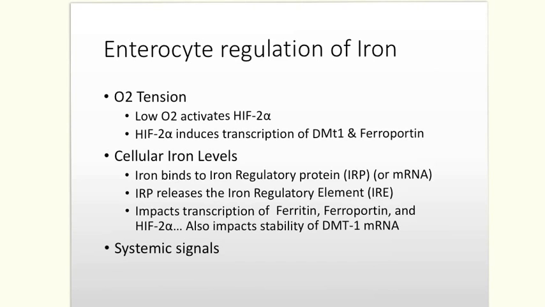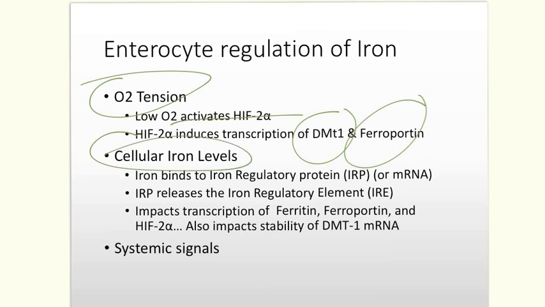The enterocyte regulation of iron is controlled by a couple of factors. Oxygen tension is important because it will cause hypoxia-inducible factor, and that will allow the transcription of DMT1 and ferroportin. It's also mediated by cellular iron levels, so iron combined to the iron regulatory protein or the mRNA, we're not sure, maybe both.